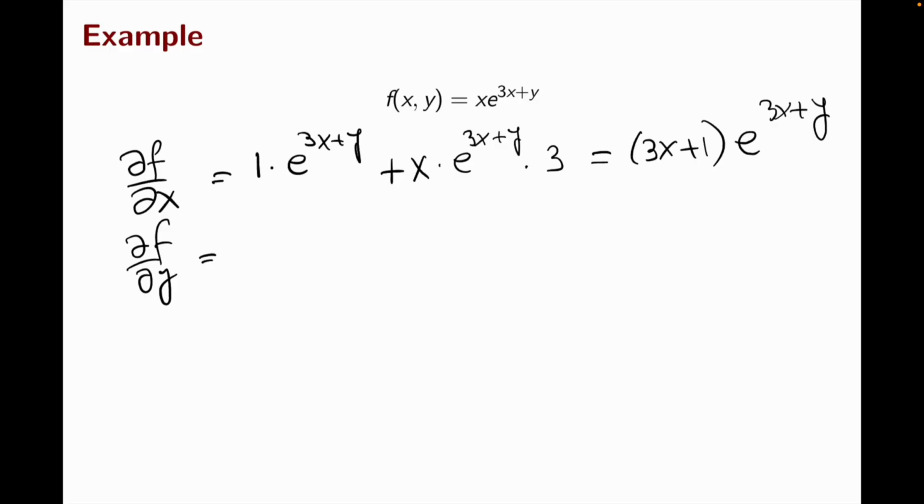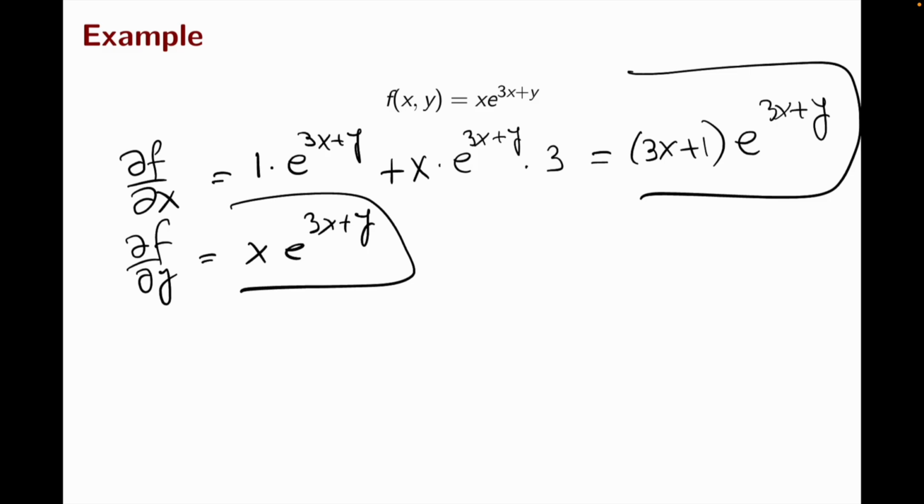So the constant is going to go out, and we're going to do just the derivative of e to the 3x plus y, that is itself. Observe that in the second case, it was not the derivative of a product because it was just a constant multiplied by a function. Okay, so these are the two first derivatives, the derivative with respect to x and the derivative with respect to y.